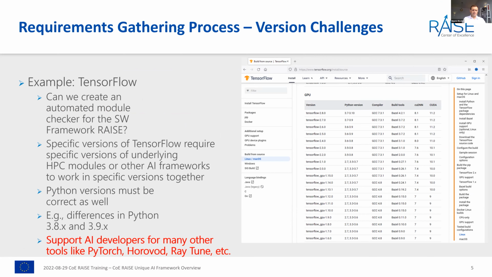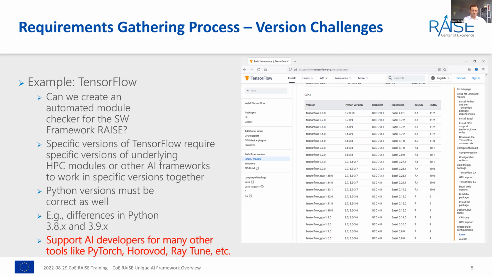And just to show you some examples, what the requirements gathering process actually found was, of course, the challenges of all these developers working with a lot of different versions of TensorFlow. You see here some examples listed as a small indicator that the technologies in the AI domain rapidly evolve.